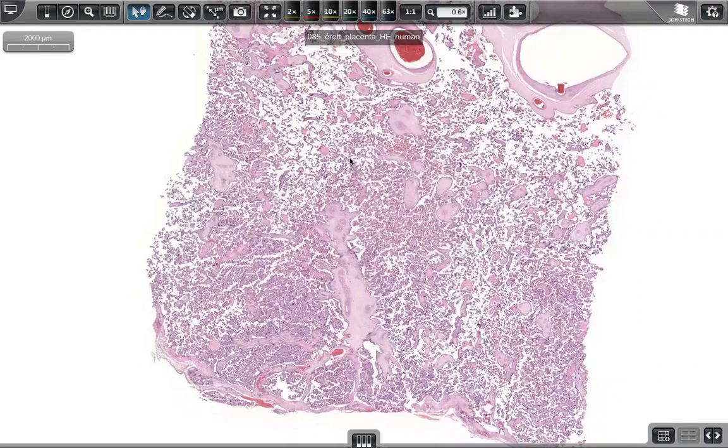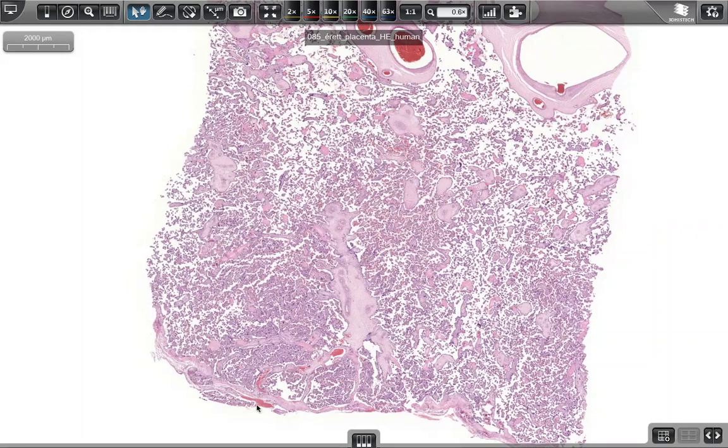The rest of the villi, the majority of the villi, are free villi. The villi eventually look like a tree. There are long structures, long villi reaching the maternal side, and there are free villi, the shorter ones.